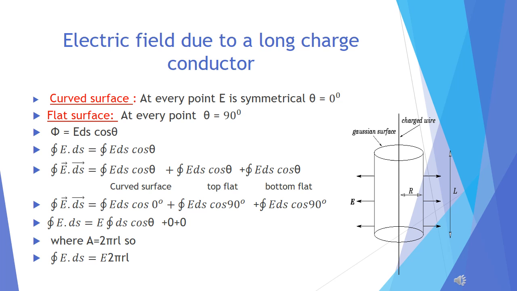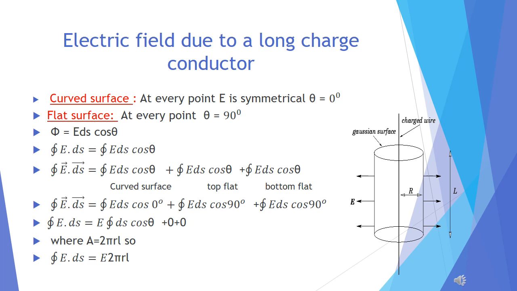Now for the upper and lower sides, their area vector ds and the electric field have an angle of 90 degrees. They are perpendicular to each other, so it is not completely symmetrical. But when we cannot imagine one surface which is completely symmetrical, we divide our Gaussian surface into two surfaces so that each surface has a separate symmetry.